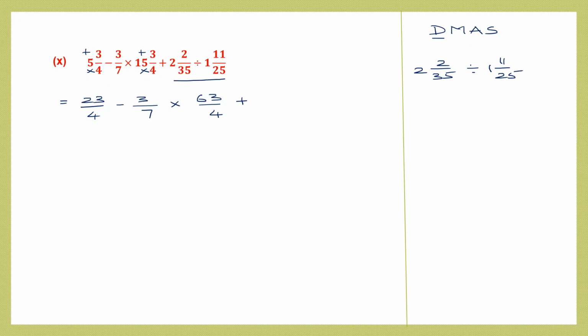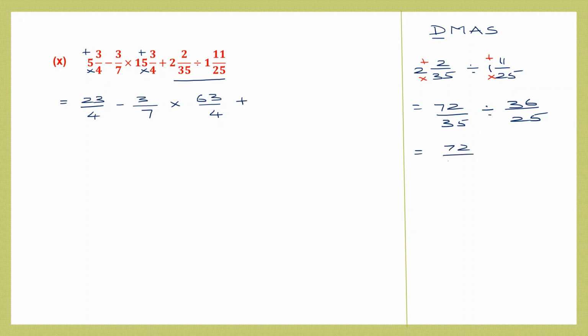So let's multiply and convert. 35 into 2 is 70 plus 2 is 72. So this becomes 72 by 35 divided by, let's convert there, 25 into 1 is 25 plus 11 is 36. So 36 by 25.